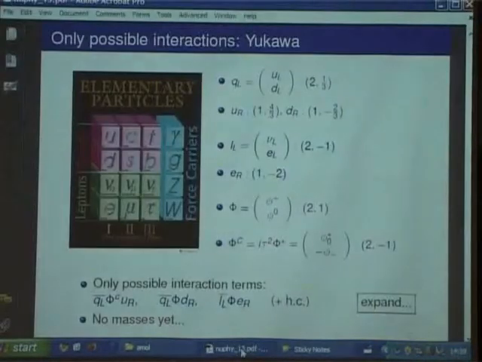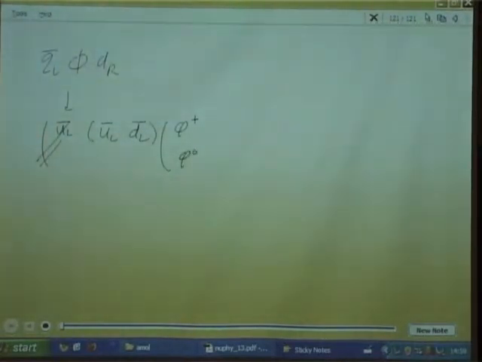Similarly, I can look at this term, QL bar phi dR. QL bar phi dR basically means that I have UL bar, DL bar, phi plus, phi 0, times dR. This basically means I have UL bar phi plus dR plus DL bar phi 0 dR. And we can check now that all the three conservation laws work.